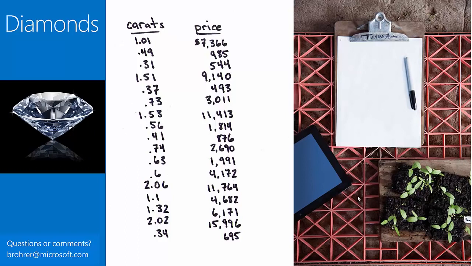What I have here is a data set. There are two columns. In this case, price is my target. That's what I want to predict. The question that I'm asking is, how much? How much will this cost? And then my other feature is carats.